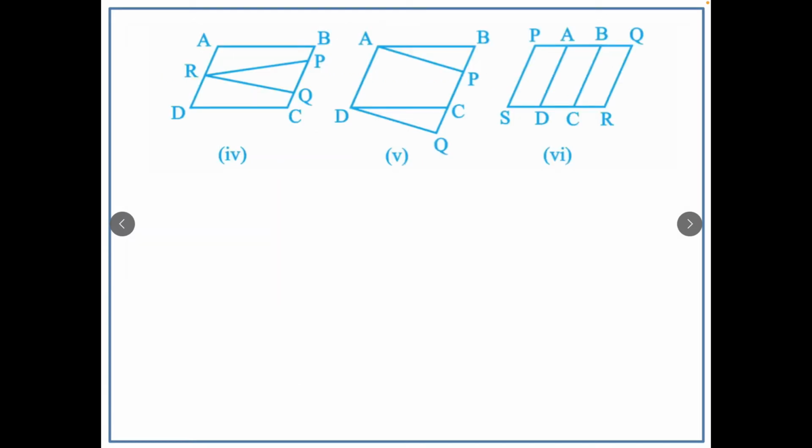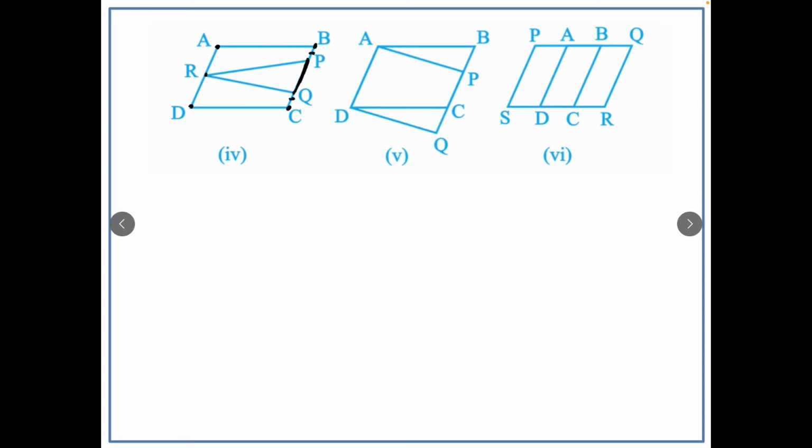Now let's see the next figure, figure 4. Here we have a parallelogram ABCD and a triangle RPQ, or you can say PQR. If you mark the base of the triangle, it is not the same as the base of the parallelogram ABCD, because we have some portion left here and here also.